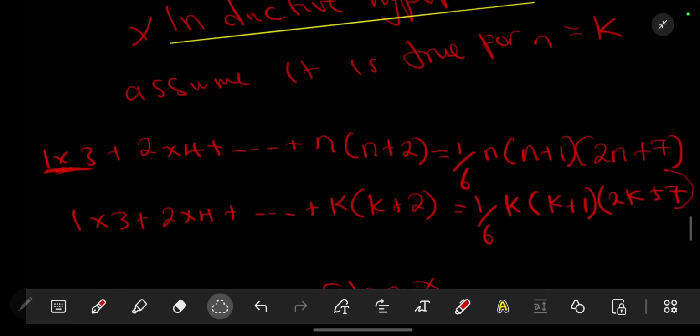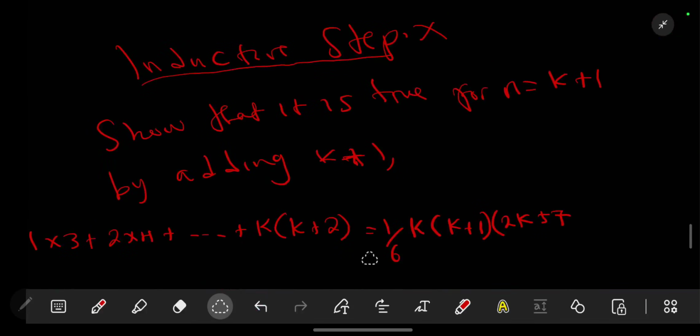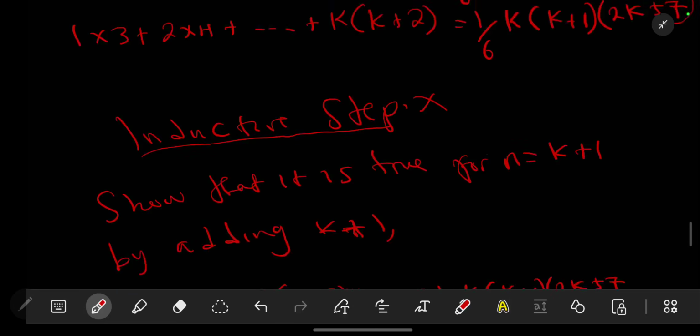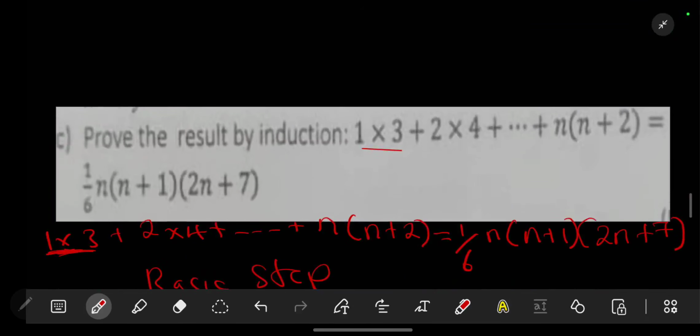Now remember, we are adding, so we have the next term like that. So we are adding this k plus 1. Now we just don't add k plus 1, we are substituting. So in the equation of this, whatever you have here is where you substitute.